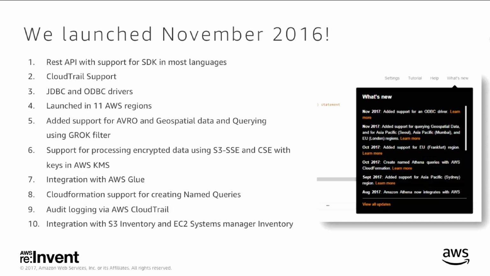So we launched Amazon Athena back in November 2016. Since then, we've introduced a number of functionality and capabilities across the board based on what our customers have been asking for and what we've seen from usage in the field. The first one that we've introduced is REST-based APIs with support for a number of different AWS SDKs in the supported languages such as JavaScript, Java, Go, etc. The other piece that we introduced is CloudTrail support.